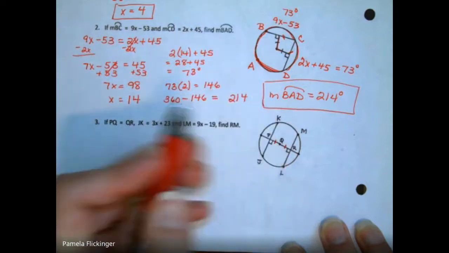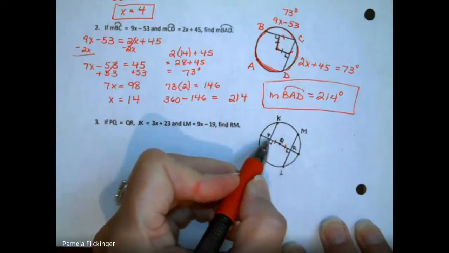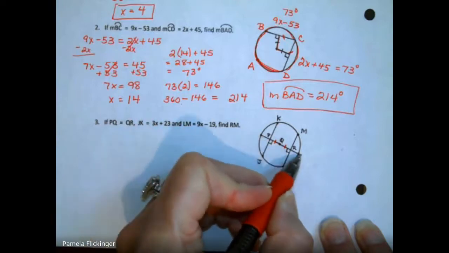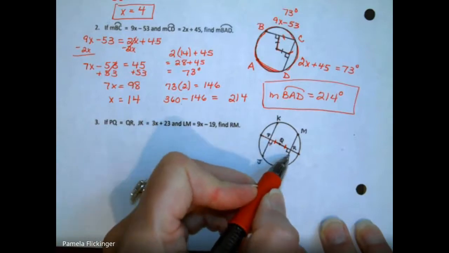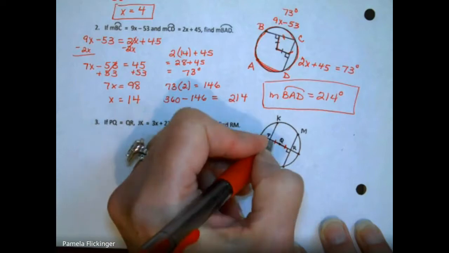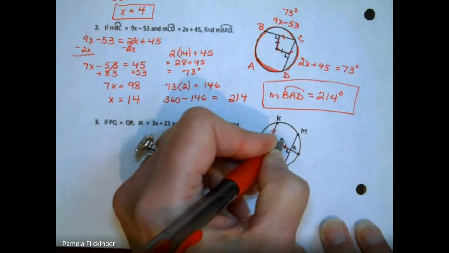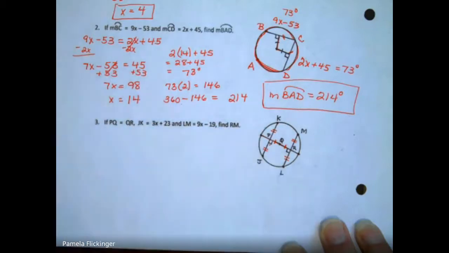The other thing that's being shown is that if we connected them, which they are, this would be a diameter. And that diameter is perpendicular to both of these chords. So not only is it equal distance from the center, but it's bisecting these chords, which means these would all be the same. And it's going to do the same to the arcs.